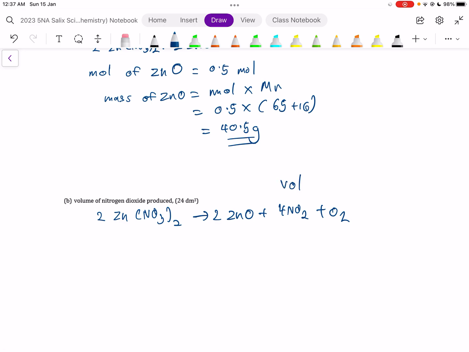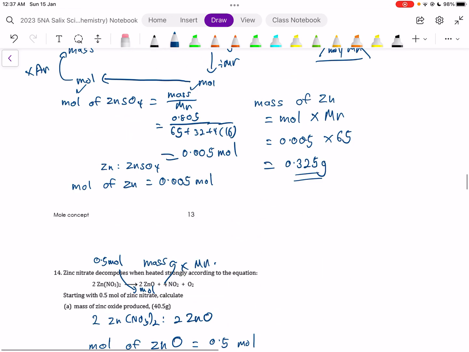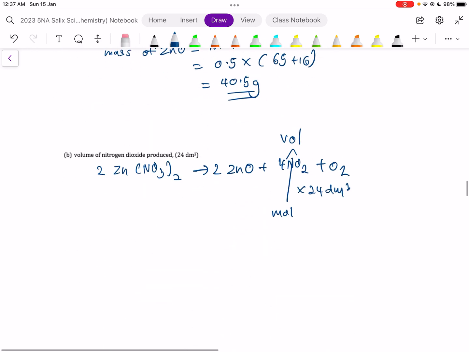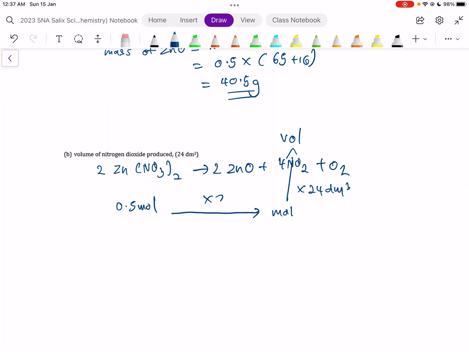Before finding a volume, what we need is actually the mole, then you multiply by 24 dm cubed. We are told zinc nitrate is 0.5 mole. So then you mole ratio over, which is times 2, because it's 2:4. First find the number of mole of your NO2. So 0.5 times 2, so it's 1.0 mole.